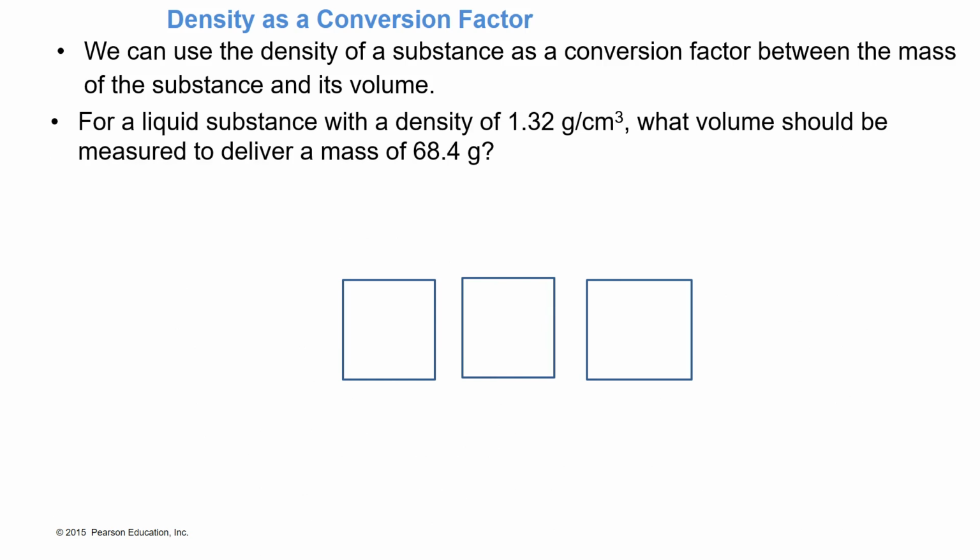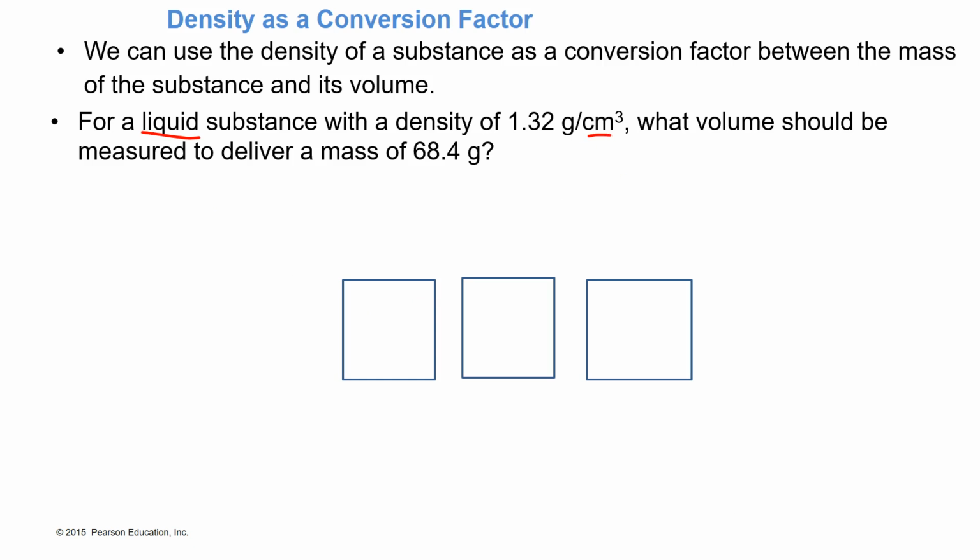For a liquid substance with a density of 1.32 grams per centimeter cubed, what volume should be measured to deliver the mass of 68.4 grams? Now, notice that it says a liquid, and then it gives us our density in centimeters cubed.